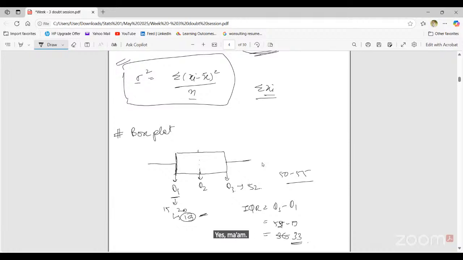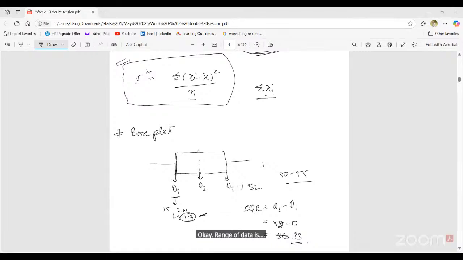Okay. What is the range of data? Range of data is 64, right? So it should be maximum minus minimum. You have to calculate the range of the data.